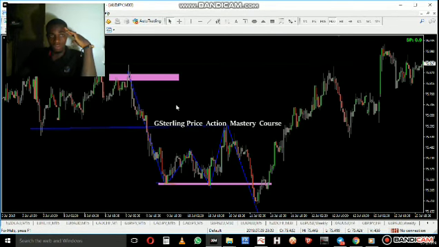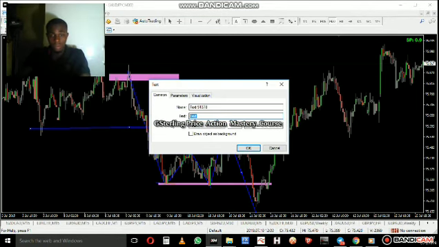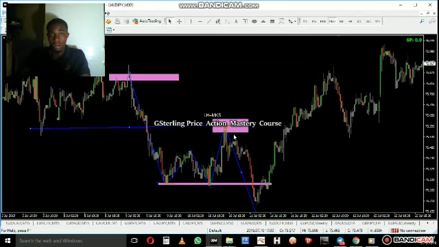We saw that low taken out, so the high from where that breach happened, which was here, would become our new lower high, and also market structures.